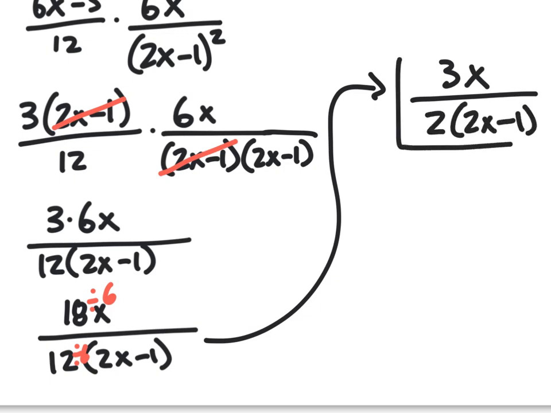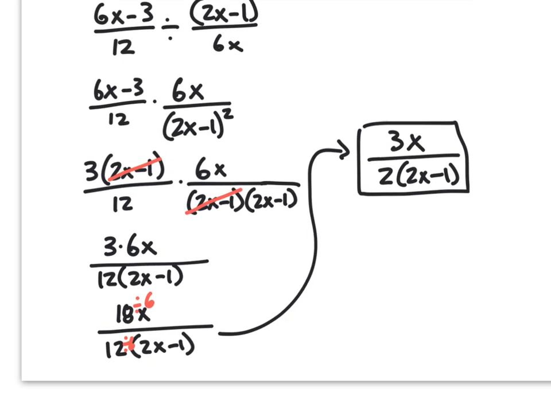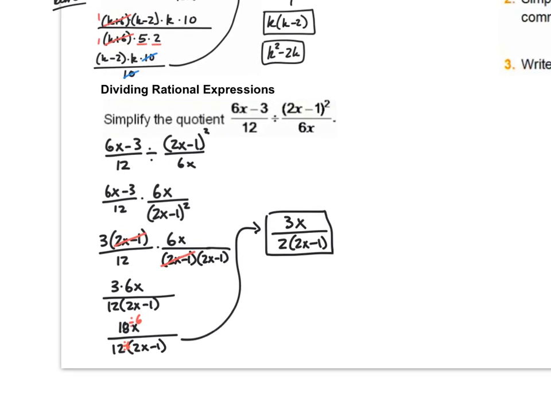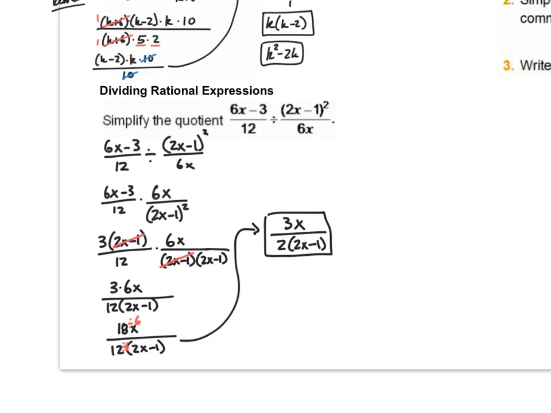And that's it. From there, I can't factor anything else out. Nothing else is going to divide out. So that's my answer. You've got to factor things, see what parts divide out, simplify your fractions, and then go from there.